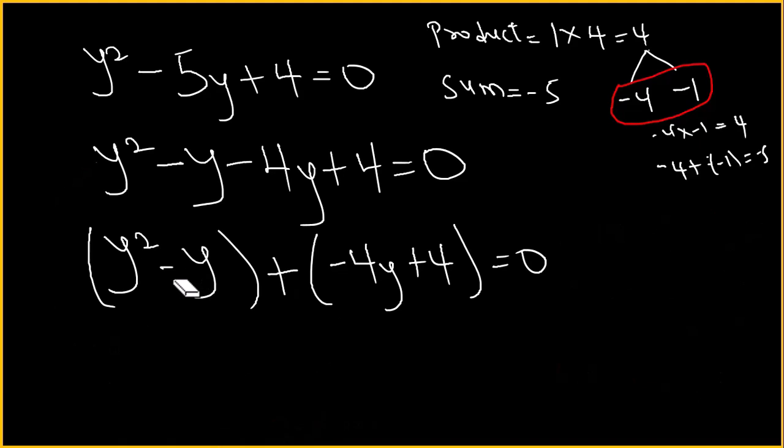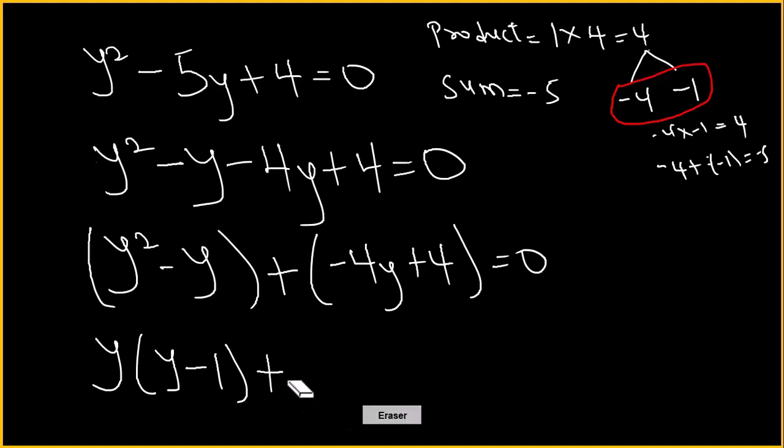Okay, so we are going to factor the commons now. We have y squared minus y, and the common expression here is y. So y is taken out, multiplying y minus 1, plus, so the common thing here to single out is negative 4.